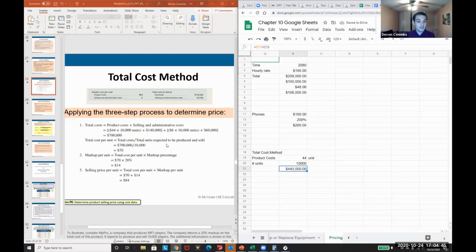That's 440,000. Plus we have fixed selling and fixed overhead costs of 140,000. And we have selling and administrative costs of 60,000. And we also have variable selling and administrative costs of 6 times this.